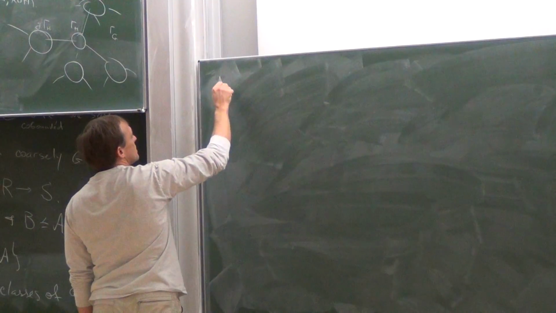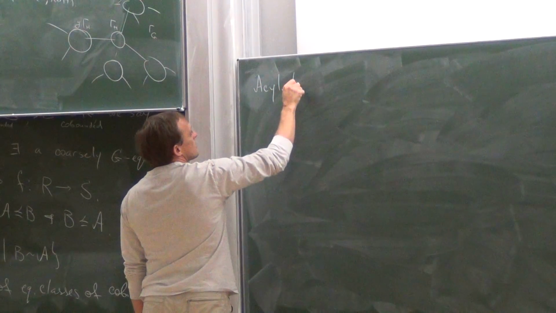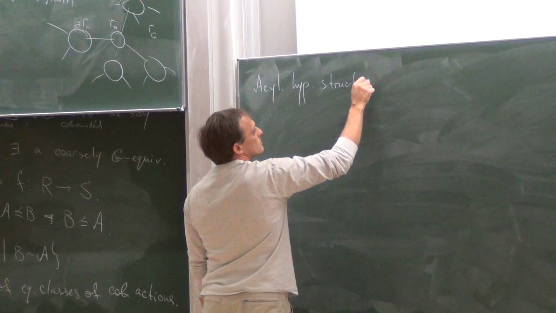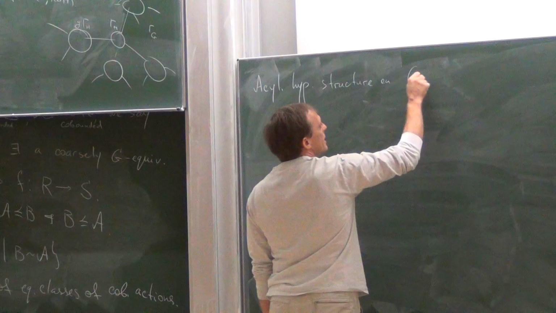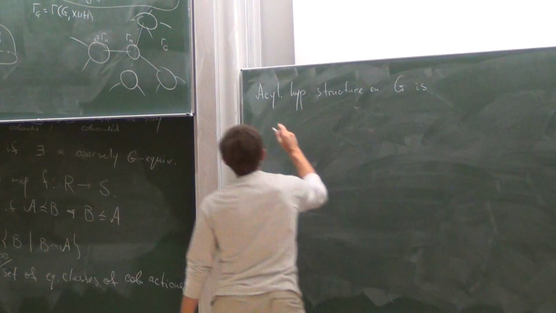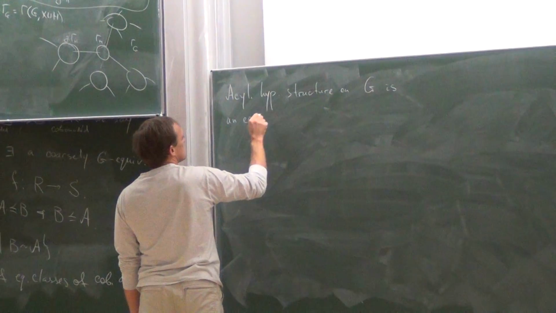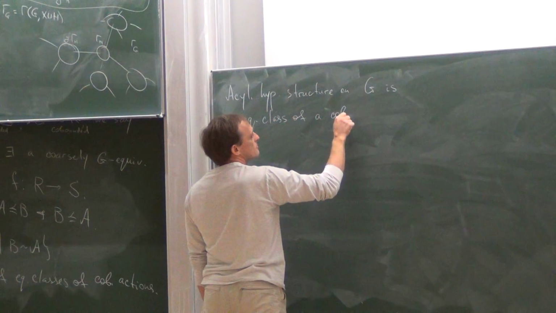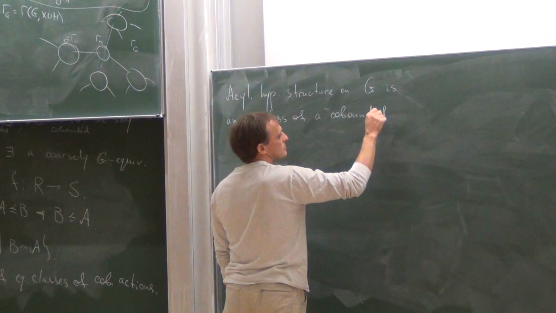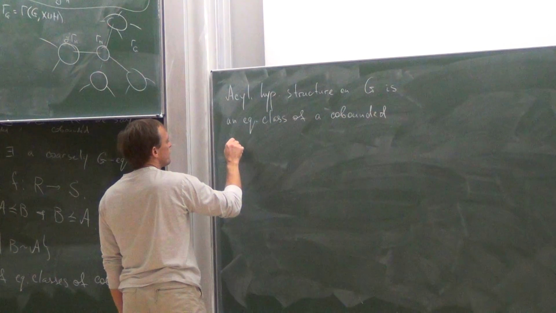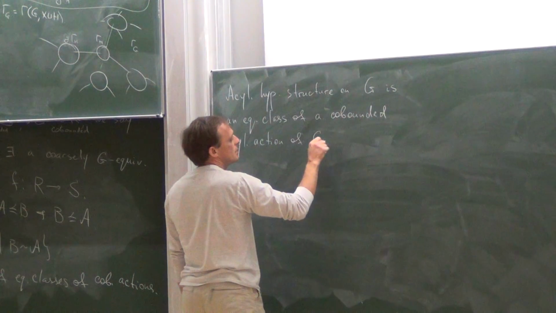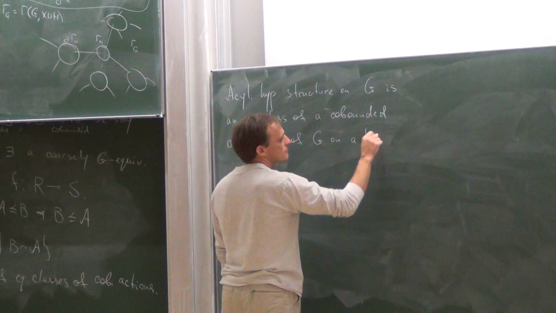So what is an acylindrically hyperbolic structure on a group? An acylindrically hyperbolic structure on a group G is an equivalence class of a co-bounded acylindrical action of G on a hyperbolic space.